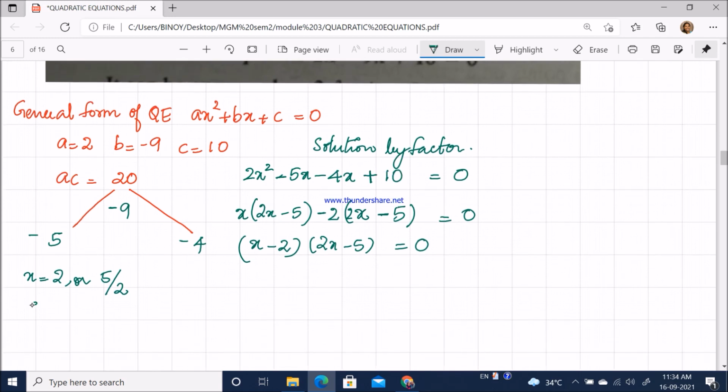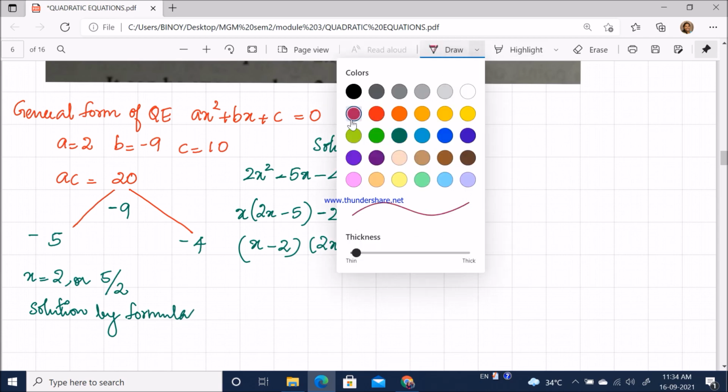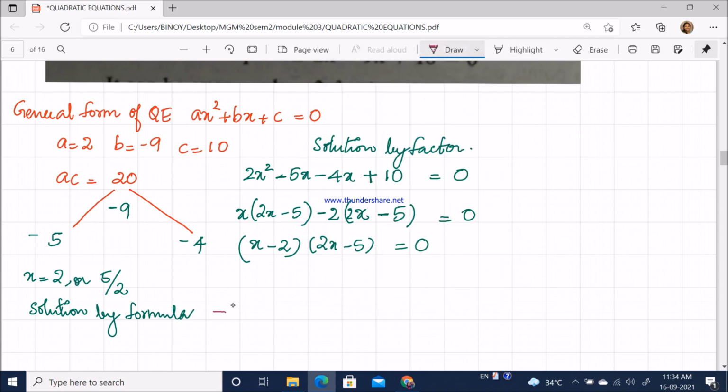Suppose solution by formula. By formula, we have to use the formula minus b plus or minus root of b square minus 4ac by 2a.